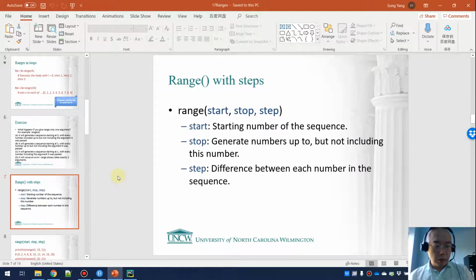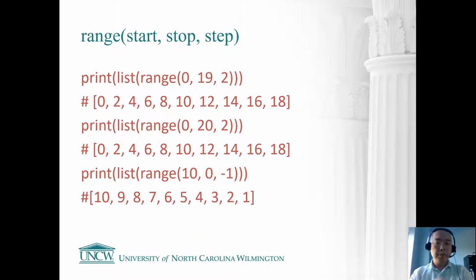Okay, so let's come back here. Say if we have the range 0, 19, and 2, and then we have 0 and increase by 2, we have 2, increase by 2 again, we have 4, but we are going to stop at 18. Okay, and then if we do a range 0, 20, and 2. So this is 0, 19, and 2. This is 0, 20, and 2.